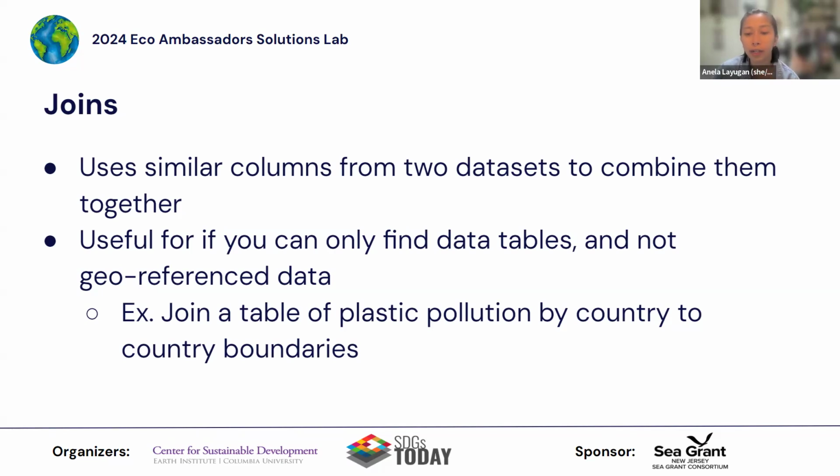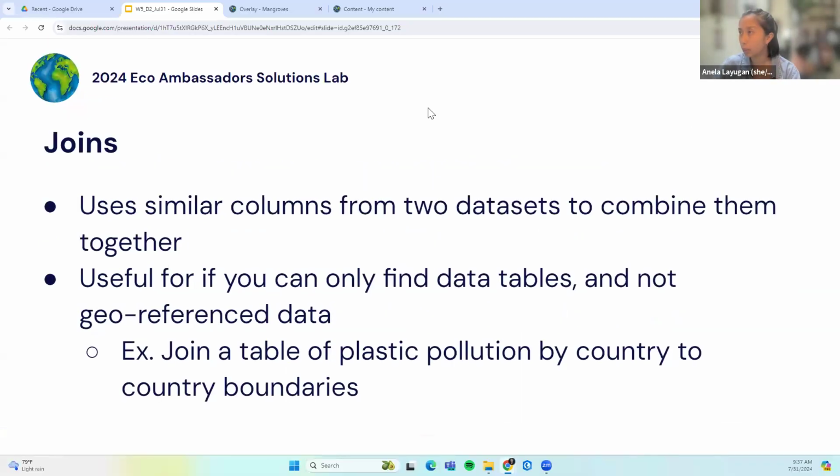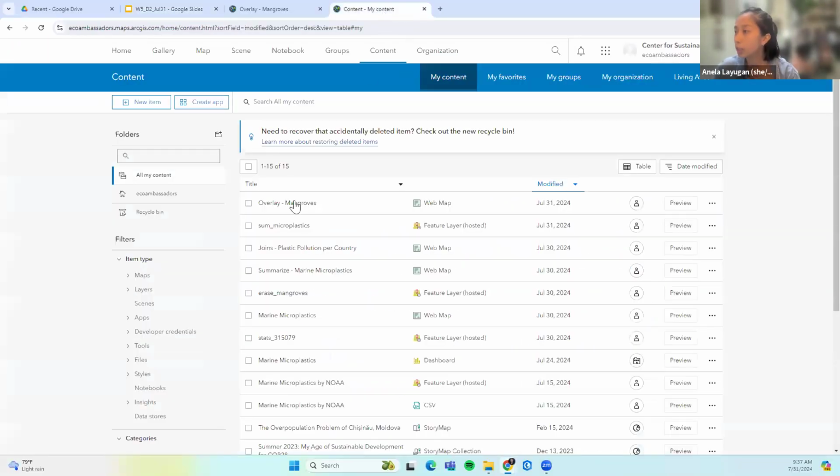So if you can only find tables of countries and different values of microplastics or plastic pollution or whatever you're trying to map, you can join that table to country boundaries so that you can put it on a map.